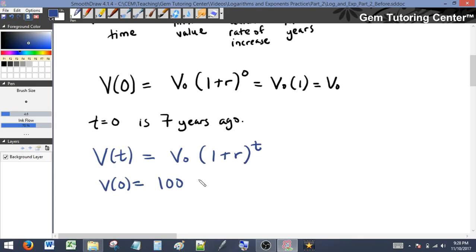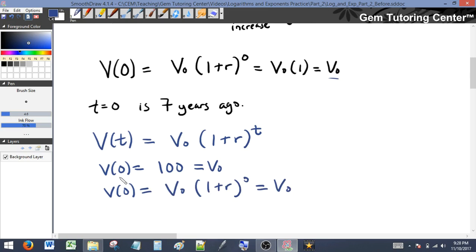And we know that v of 0 is equal to v0. We could verify it like this: v of 0 equals v0 times 1 plus r to the 0, which equals v0. And because v of 0 equals 100, v0 must also equal 100.